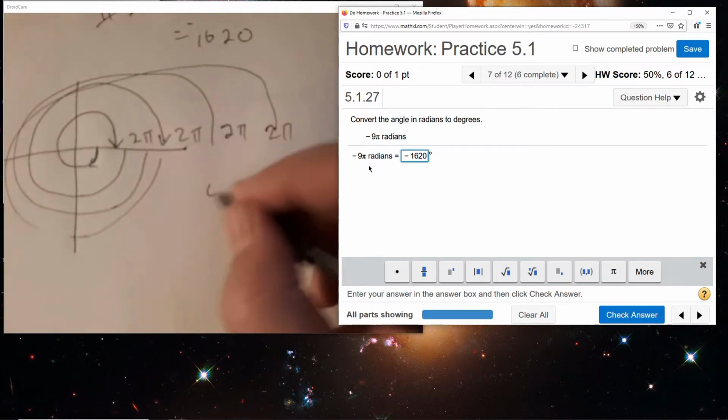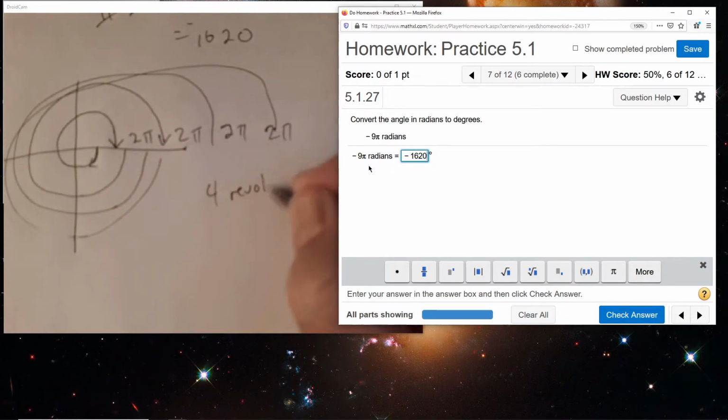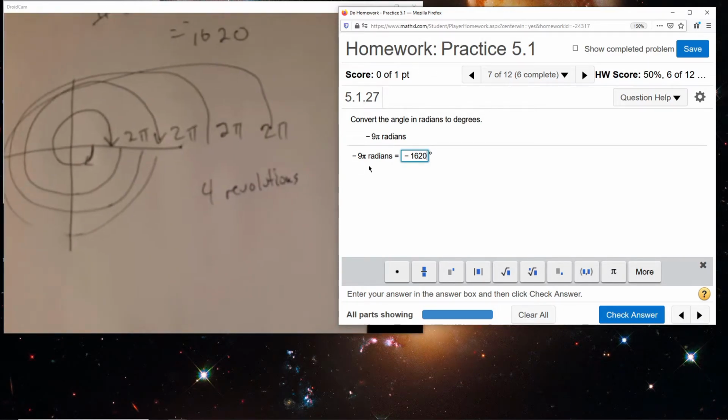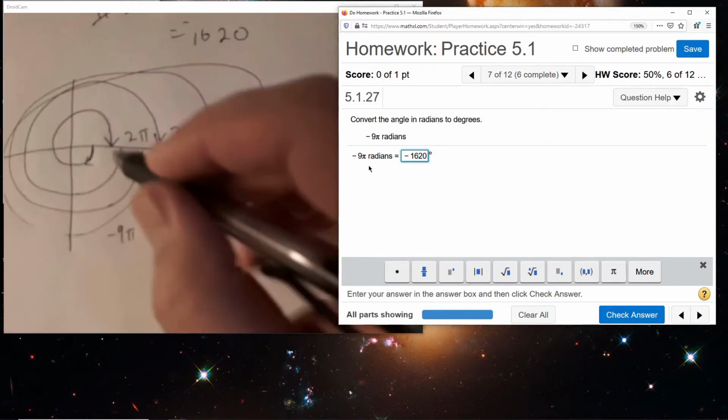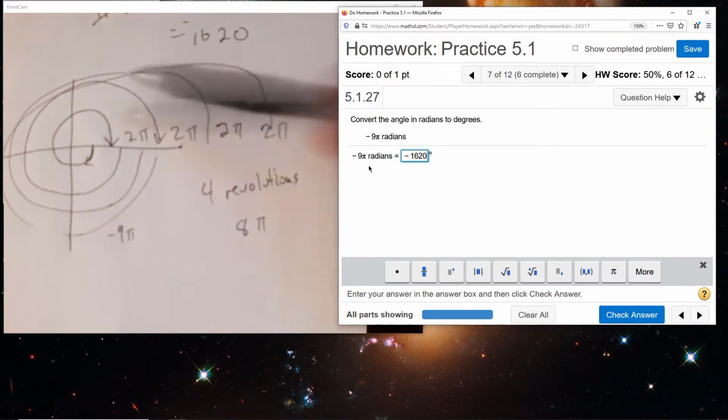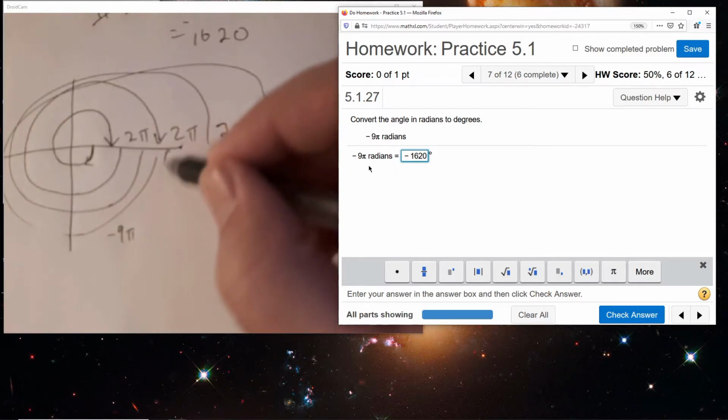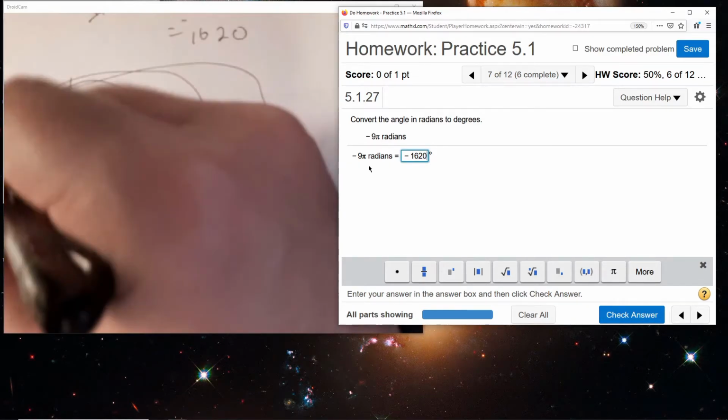So this is 4 revolutions. That'll be 8 pi. And then we have 1 pi left over because it's actually minus 9 pi. So after we circle around 4 times, our last circling will go just pi.